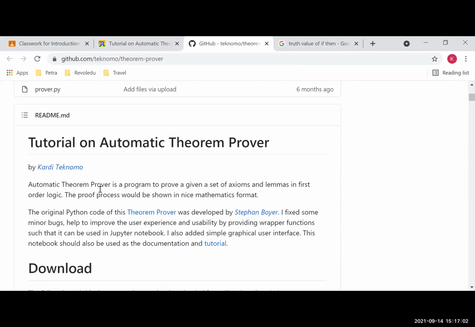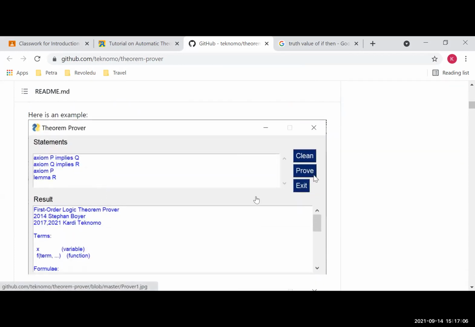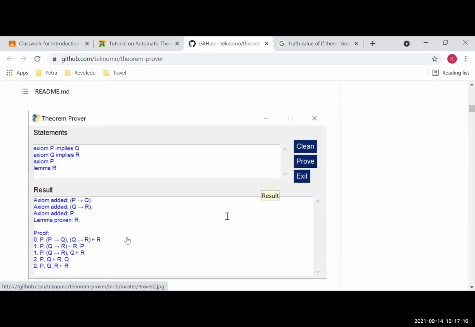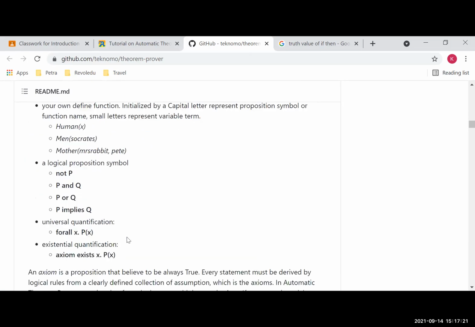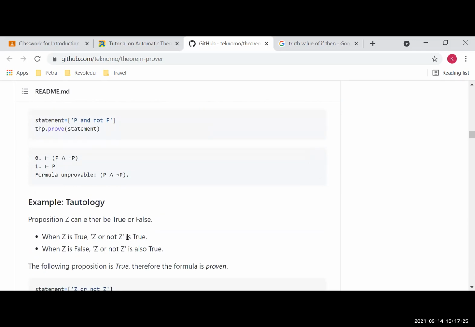This is the theorem prover that I created. Again, you still need to put axiom P implies Q and so on. But it is somewhat a little bit better than Excel.